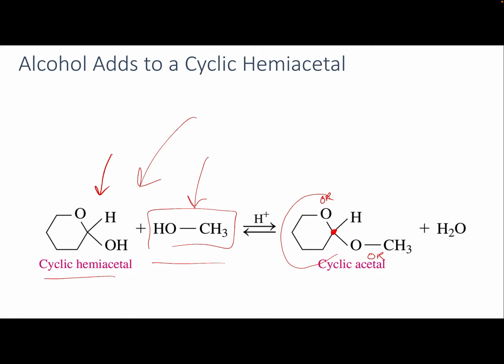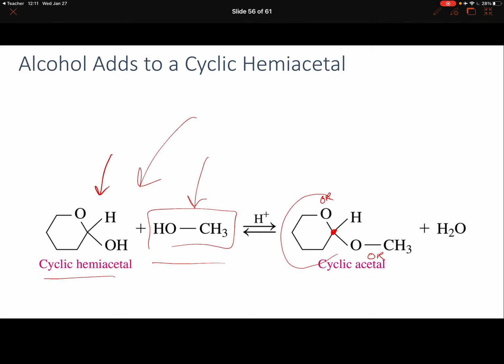All right. So identifying an acetal, identifying a hemiacetal, that's the objective here. And then being able to see a reaction and to predict what the product might be would be the next step.